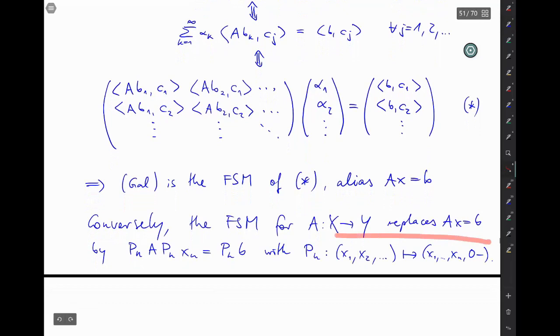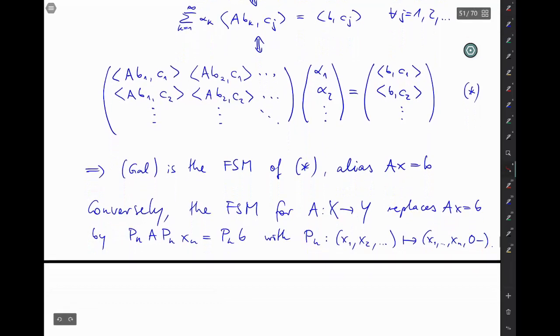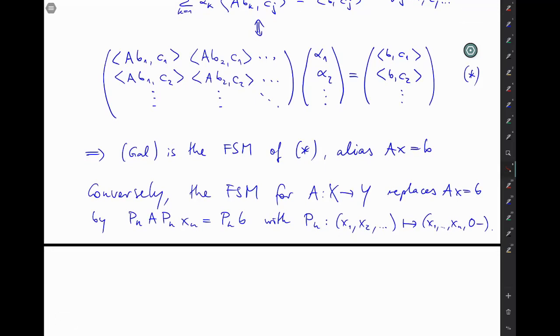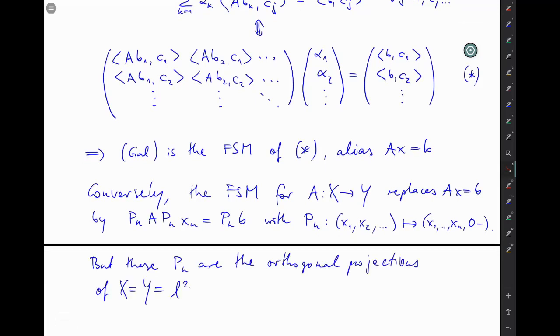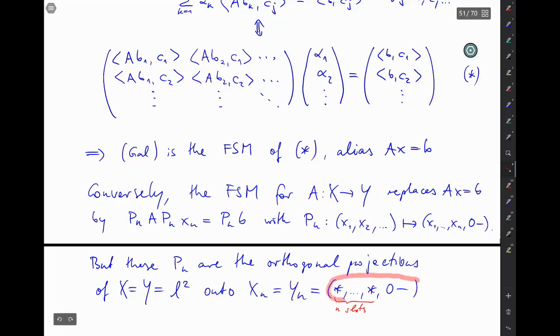But these truncations here are just orthogonal projections of L2. Well, we obviously have to take a sequence space here, and let's take the same space X and Y because we're using Pn at both places, onto the subspace where your sequences or vectors are only supported on the first n slots and 0 otherwise.